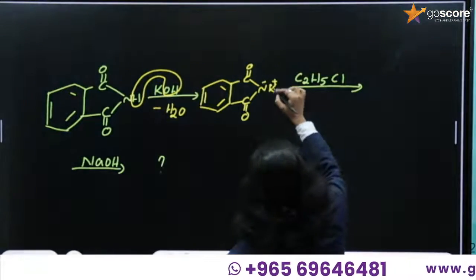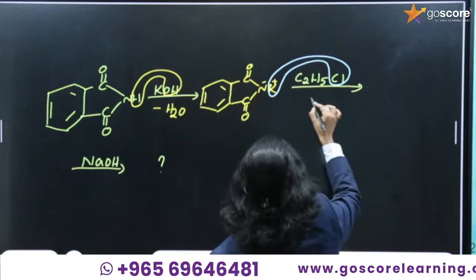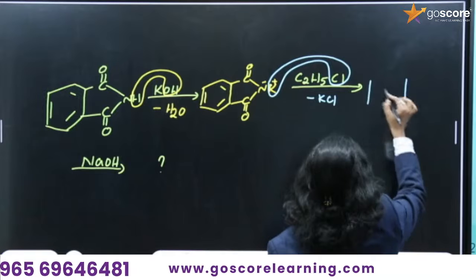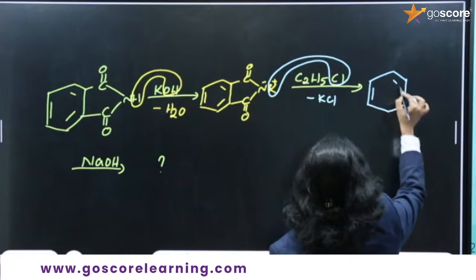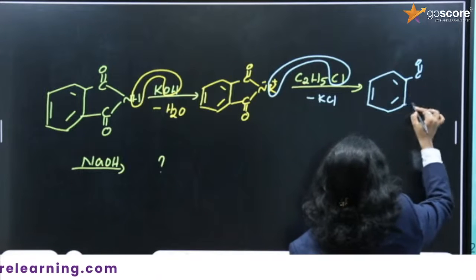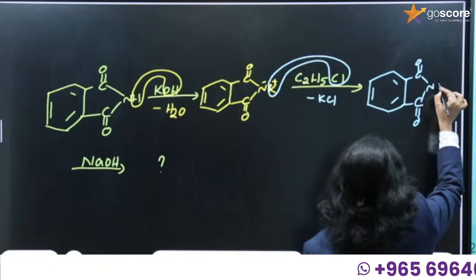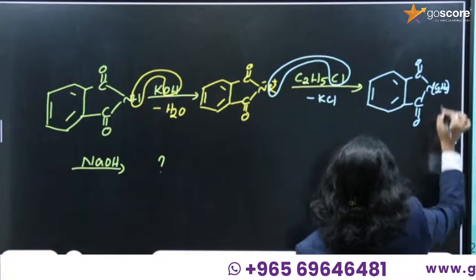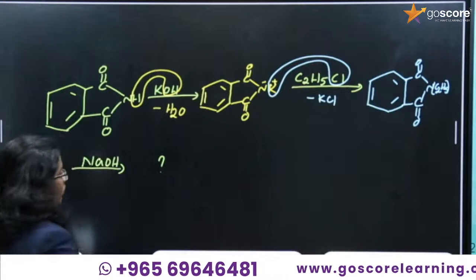That means this K and this Cl will be eliminated as KCl. N-ethyl phthalimide will be obtained.